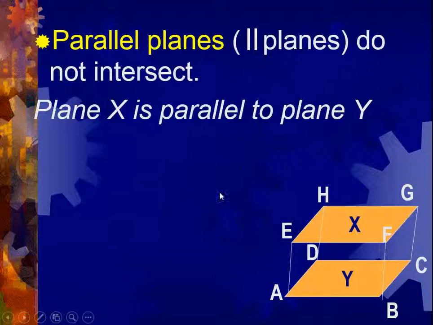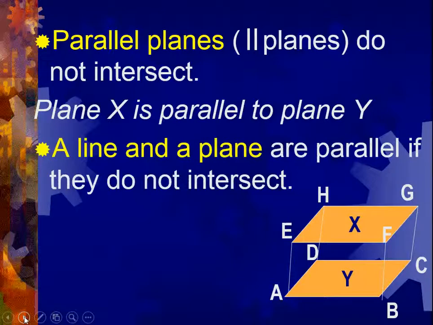We could also call this plane EFG or FEH. Remember, we can name a plane with any 3 points that lie on that plane. A line and a plane are parallel if they do not intersect. So let's say we take this line EF.